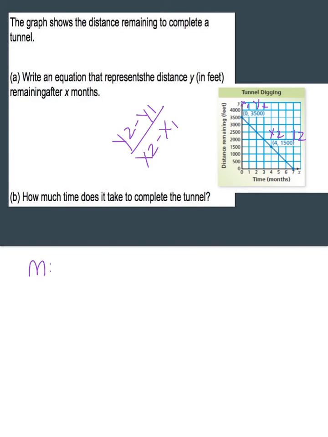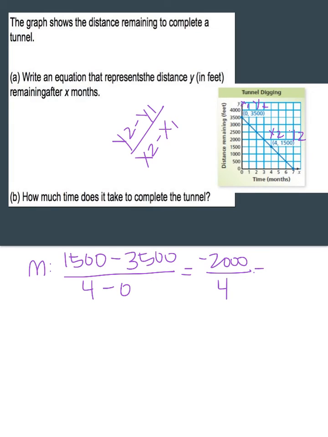It doesn't matter if you had it flip-flopped, it's okay. So I'm going to do 15,000 minus 3,500 over 4 minus 0. And you get negative 2,000 over 4, which equals negative 500. So our slope here is negative 500.